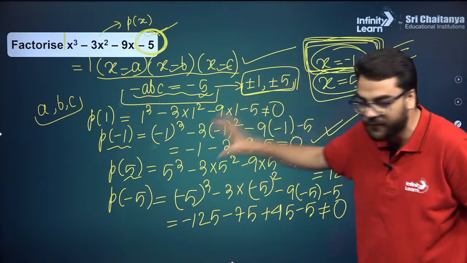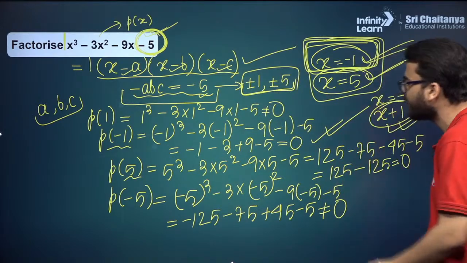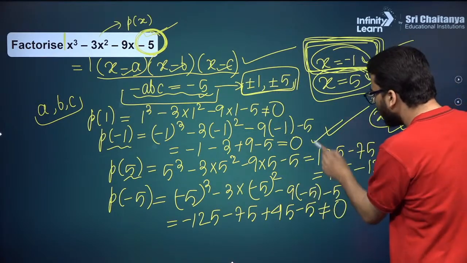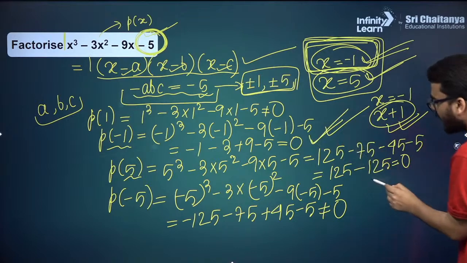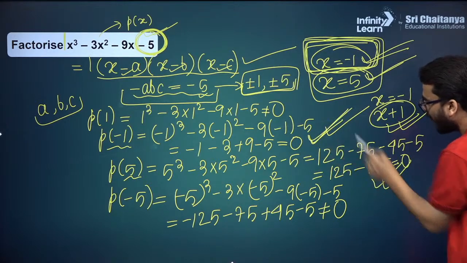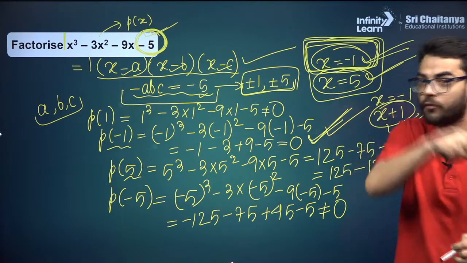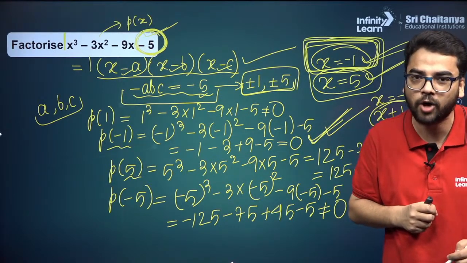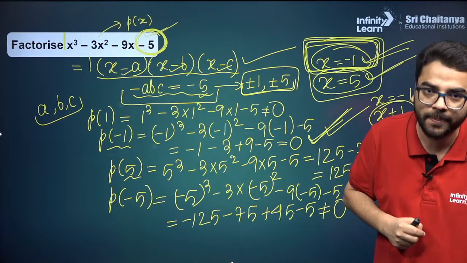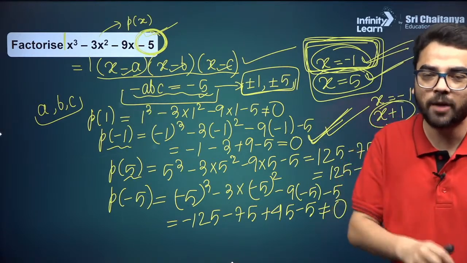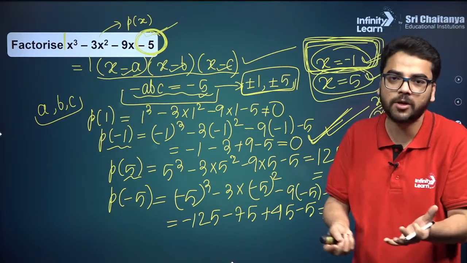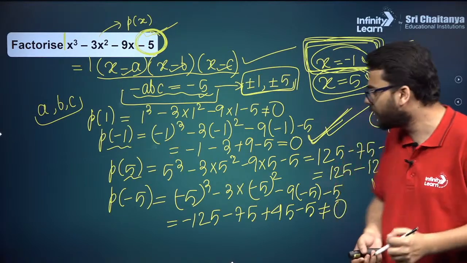But in this specific question, we are getting 0 at only two values of x. So will you say that only two factors are there for this cubic polynomial? The answer is no. It is not possible. It's a cubic polynomial. So what will you do?